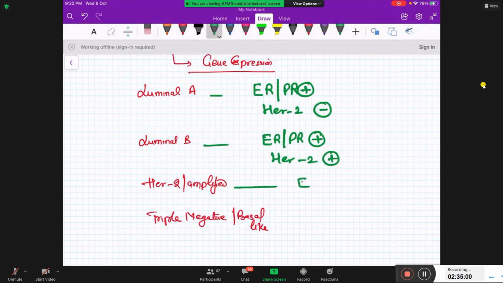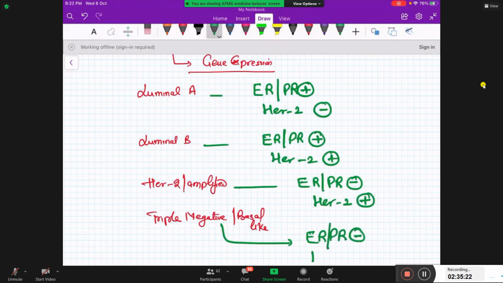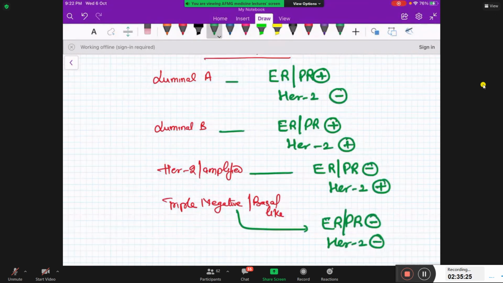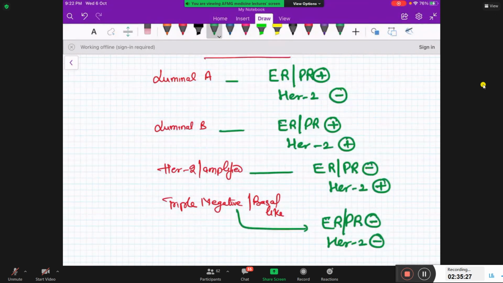HER2 amplified is ER, PR negative, but HER2 positive. Triple negative is ER, PR negative, and HER2 negative. And this is the most common type, and this is the least common type. And this has the worst prognosis also.